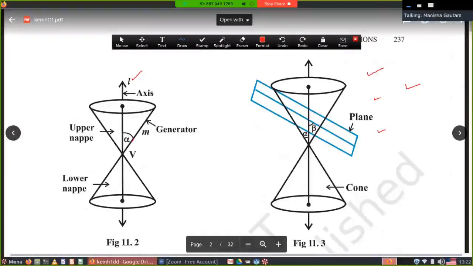Two cones which are joined with the vertex V. V is a common vertex of the upper cone and lower cone, upper nap and lower nap. Because you are getting this by rotating the line M, this M is known as a generator, generating the figure. And L is the vertical axis of a cone. L is known as axis and M is known as generator.